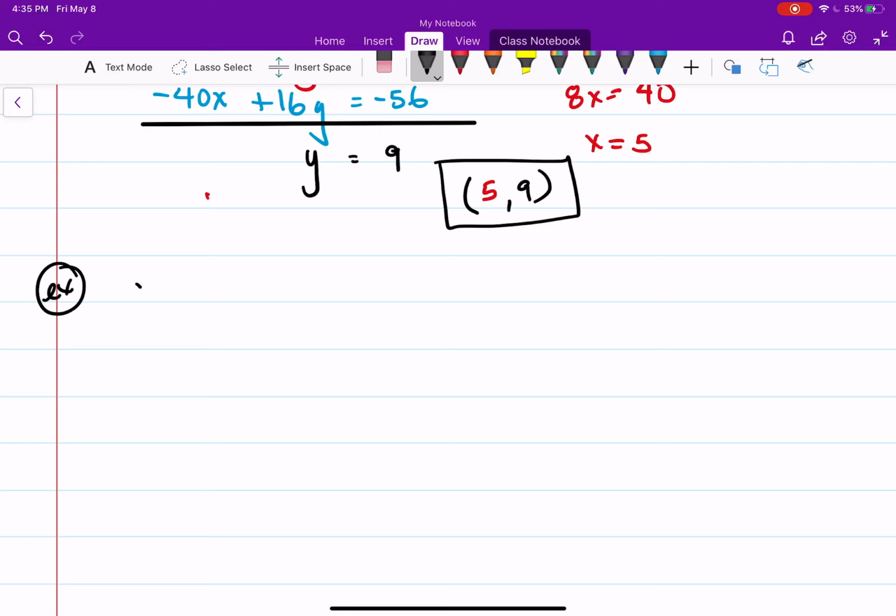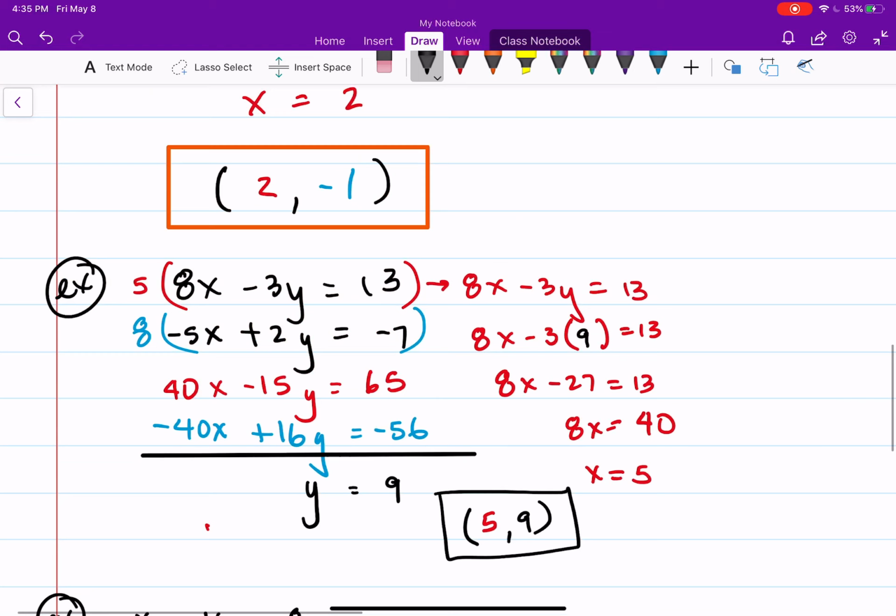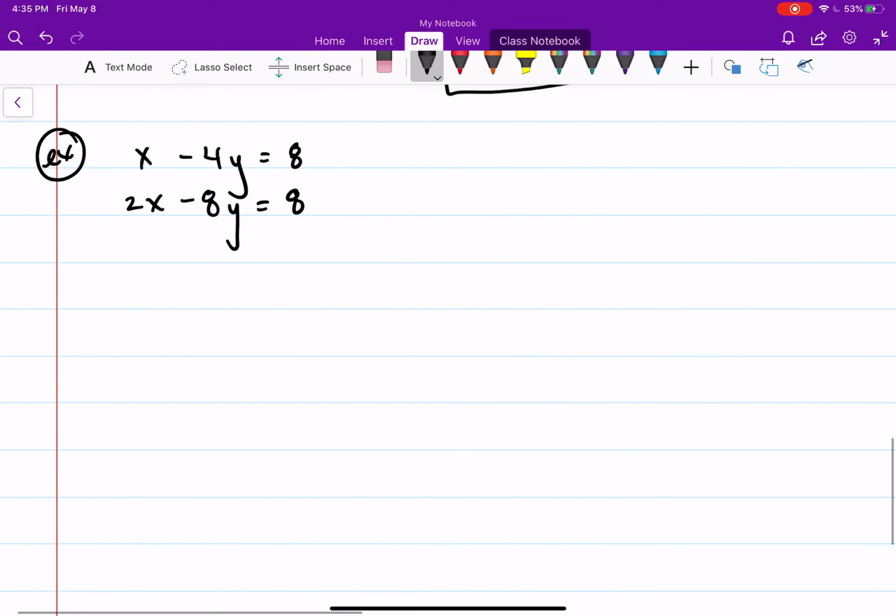So here we go. Let's say I have x minus 4y equals 8 and 2x minus 8y equals 8. Do you want to do substitution or elimination? Well, since I did elimination before, let me choose substitution here, because I see that this one has a coefficient of 1. I'm going to solve for x. So x equals 4y plus 8.